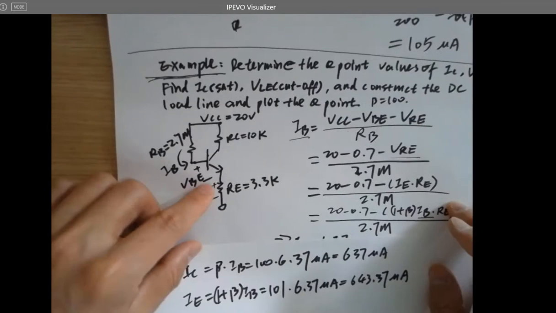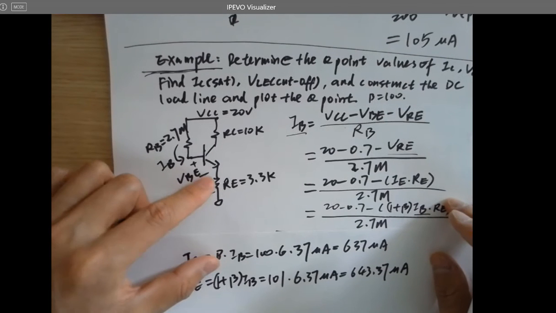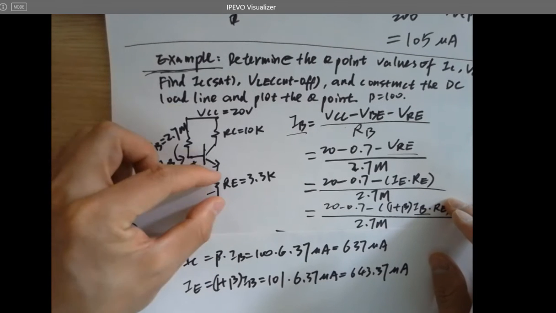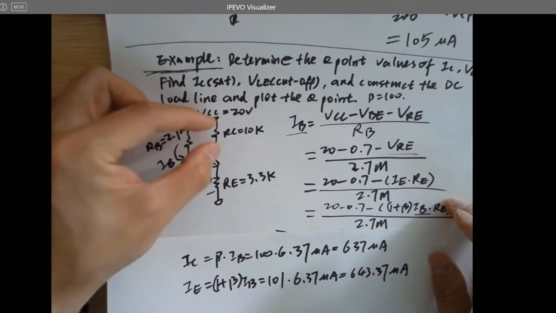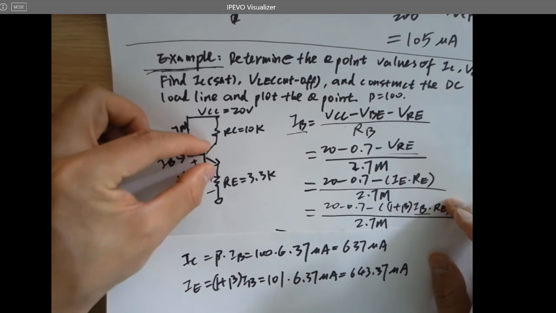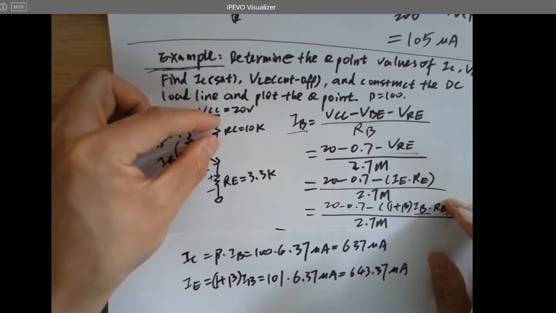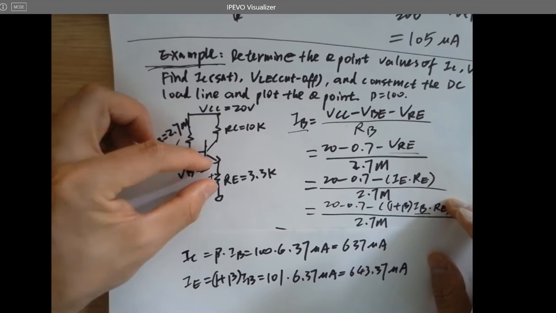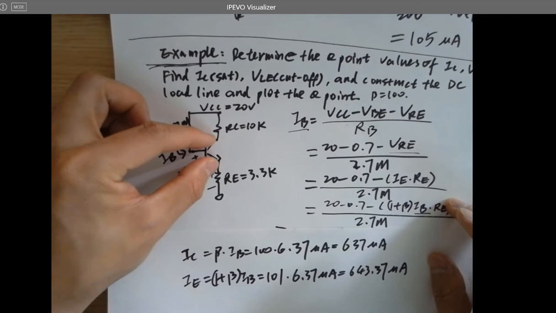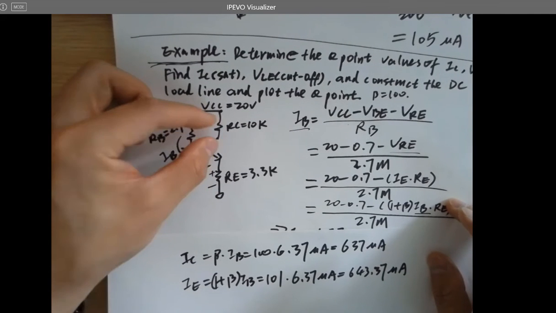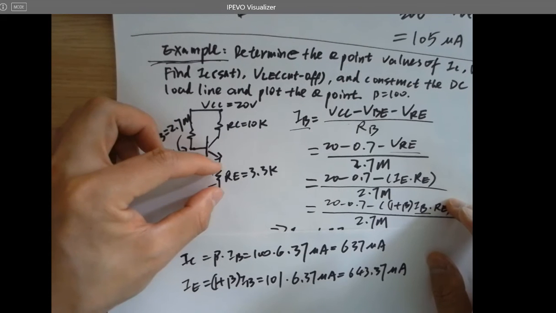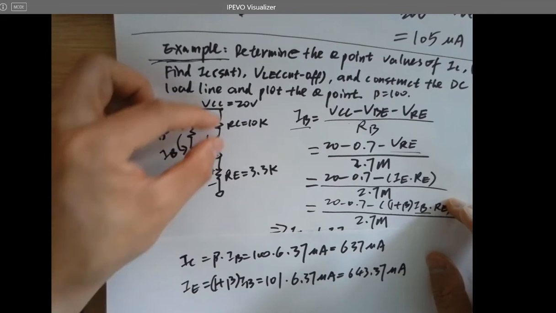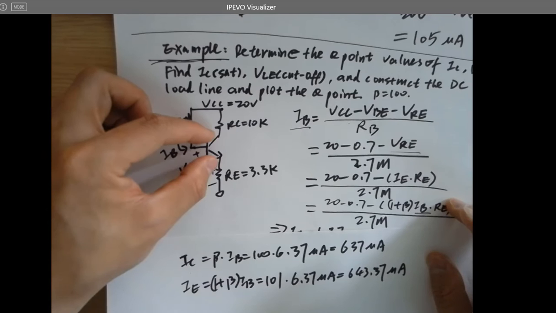So if IE is already calculated, you can definitely find out VE, and you know VE, you know VRC. So VC is just VCC minus these two voltage drops across these two resistors. Right, these are totally 3 drops, 1, 2, 3. If you know these two currents, it's pretty simple to calculate for VCE.